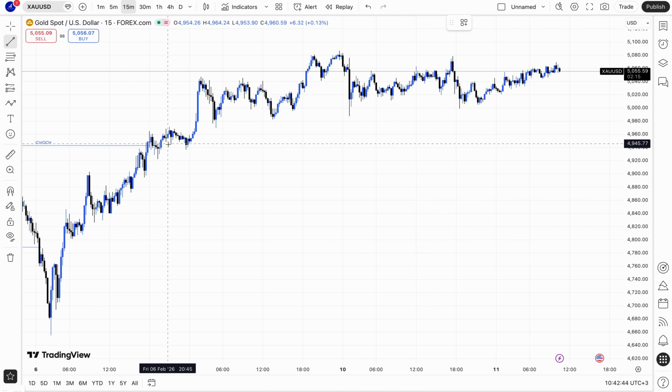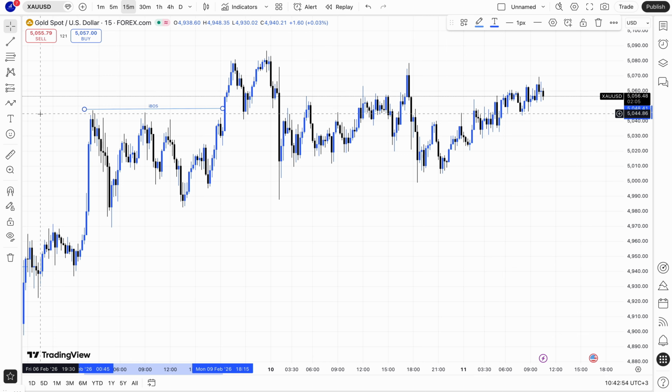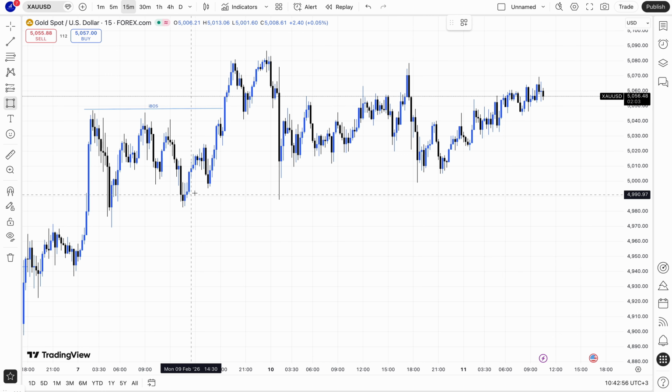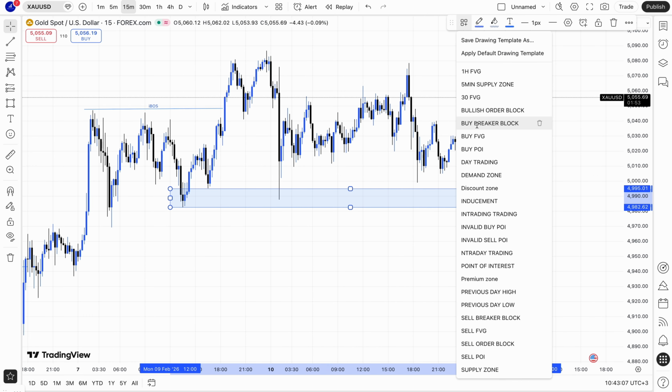Then you had a pullback, it was not valid, it was invalid. Then you had another clean pullback, a better pullback. Then you had our demand zone here.